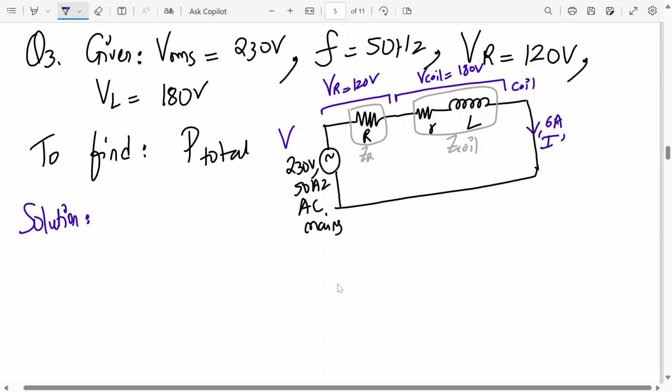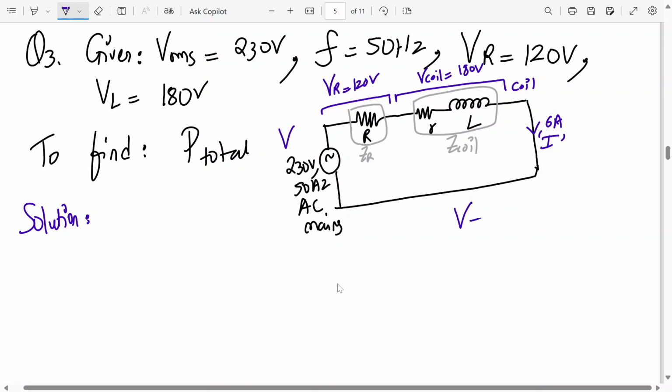Tell me how to start. Solution. Tell me how to solve this further.